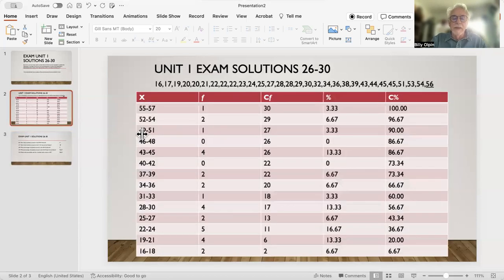So I go to my table, and again, it's nice in PowerPoint. I insert a table and it comes with these grids. You may want to make your own grid or figure out how to do it to make sure that you keep your columns straight. Because there's enough mistakes when I'm going, oh, from 42 to 40, what is the cumulative percentage? And I go across, and because my rows and columns are kind of sloppy, I end up in the wrong row.